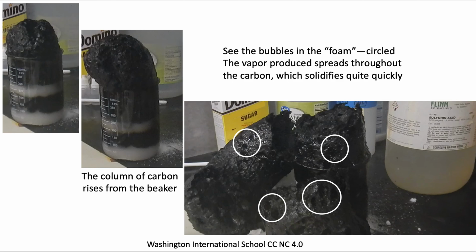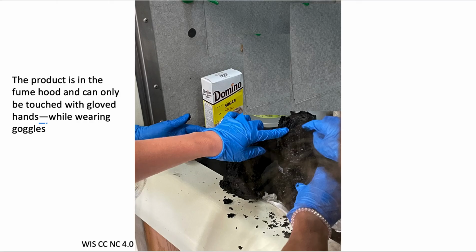And so it's a little bit like a foam, a solid foam, a hard sponge, I suppose a dry sponge. And the students were just seeing what it feels like, and it's soft as it's moving, and then it hardens fairly rapidly. But you need gloves because there'll be some acid remaining, and goggles too.